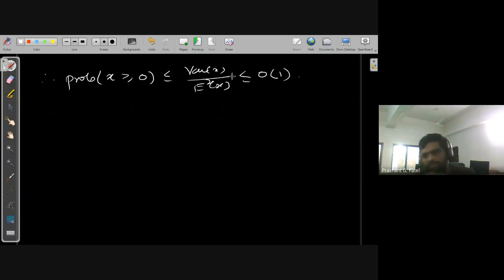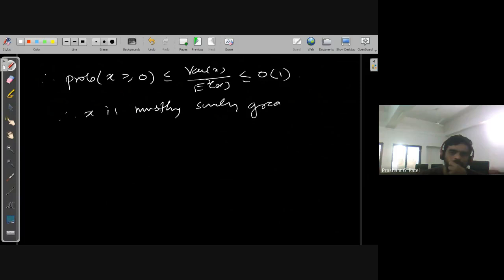But small o of 1 tends to 0 as n tends to infinity. So that's why we can say X is almost surely greater than 0.